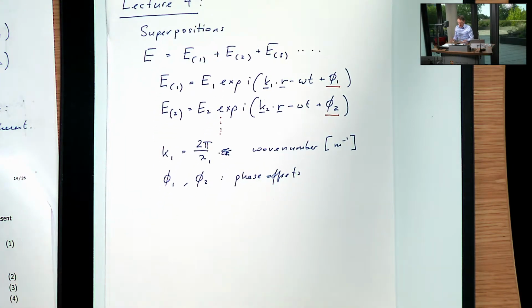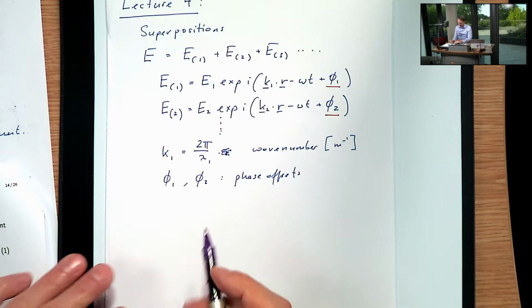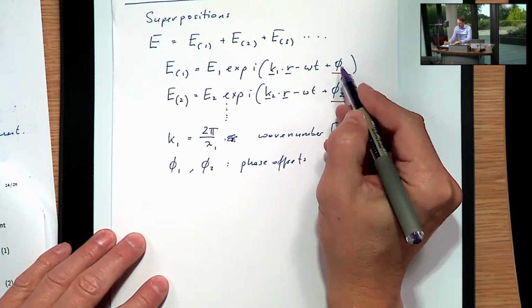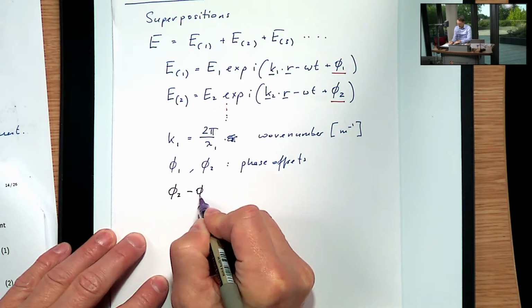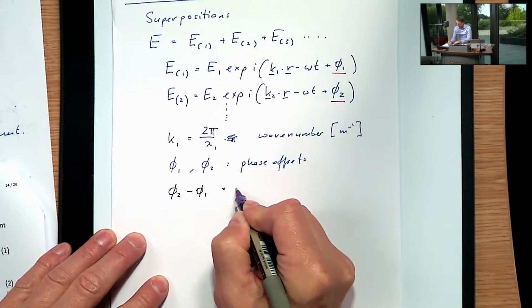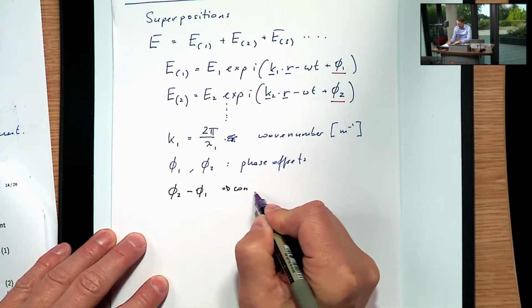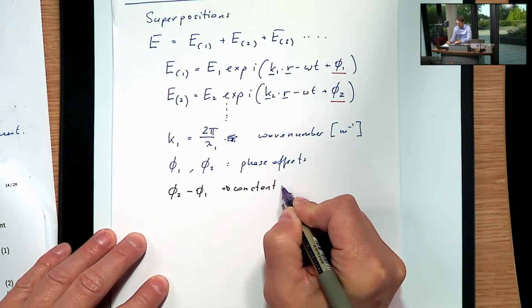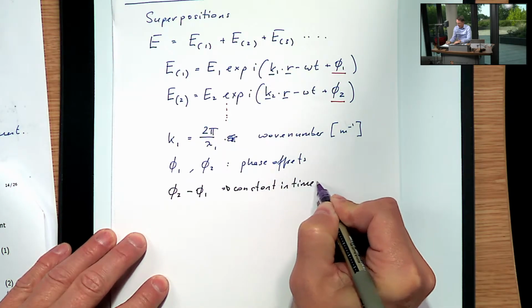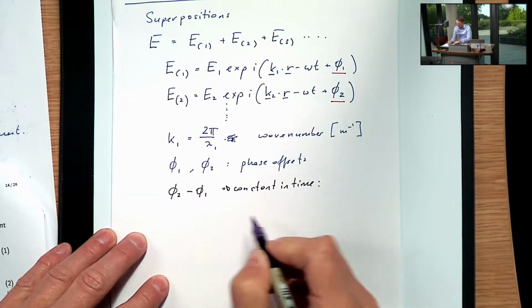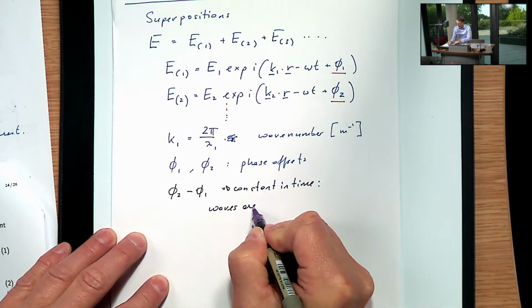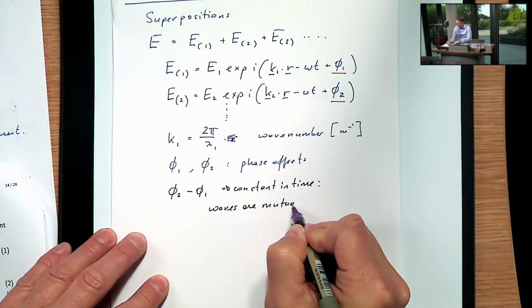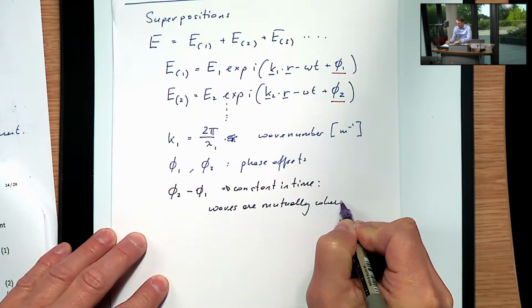And now comes an important point. If the phase offsets theta 2 minus theta 1 are constant in time, then the waves are called mutually coherent.